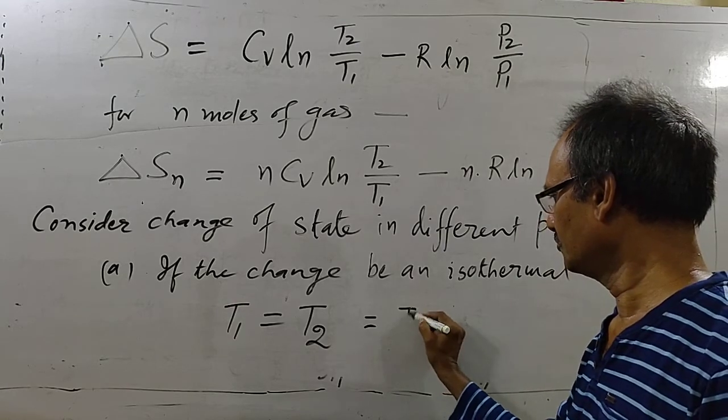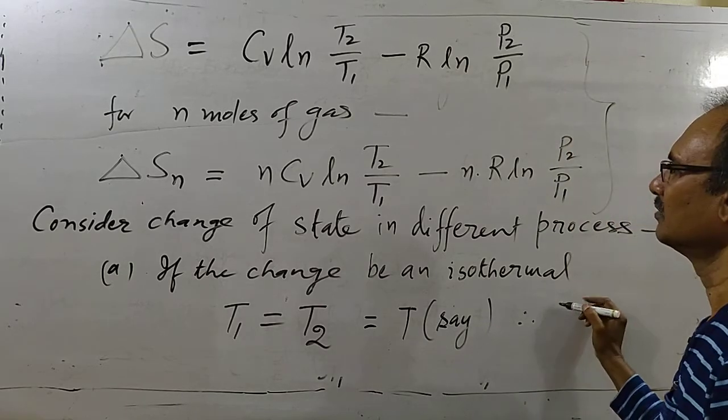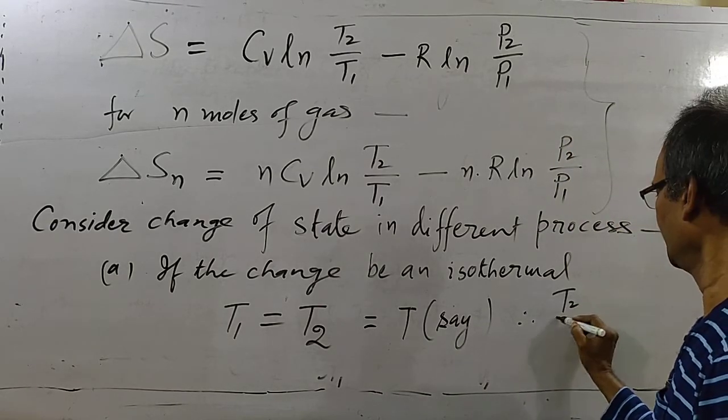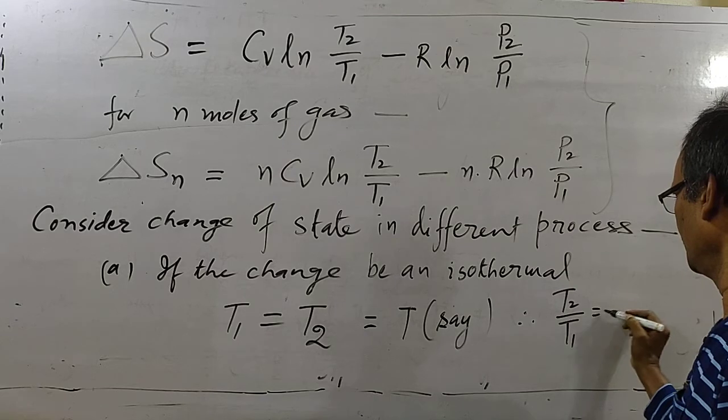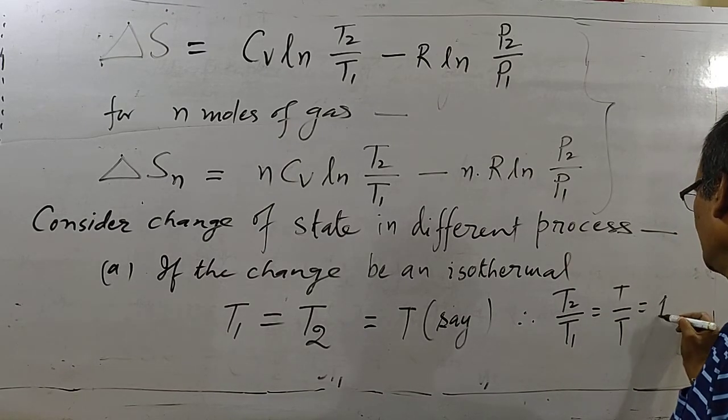Suppose this is equal to T. Therefore T2 by T1 will be equal to T by T equal to 1.